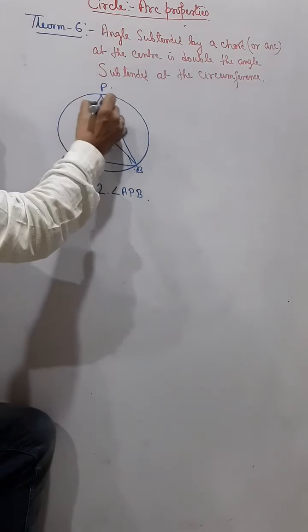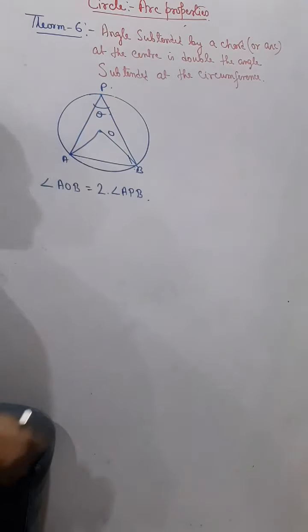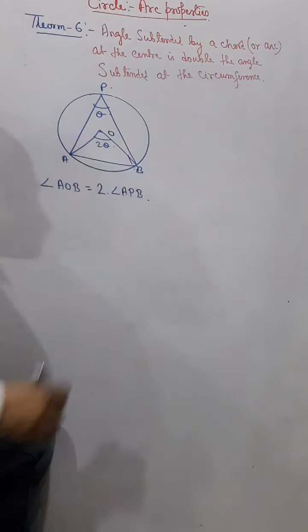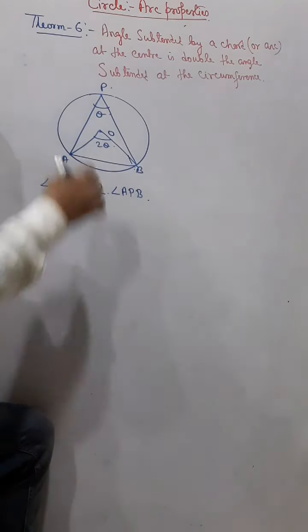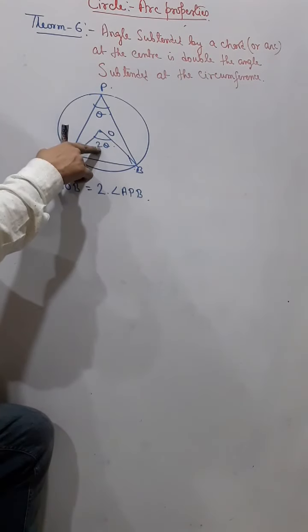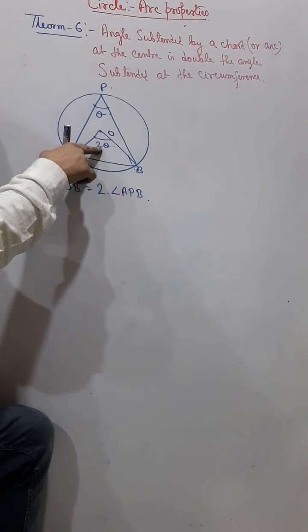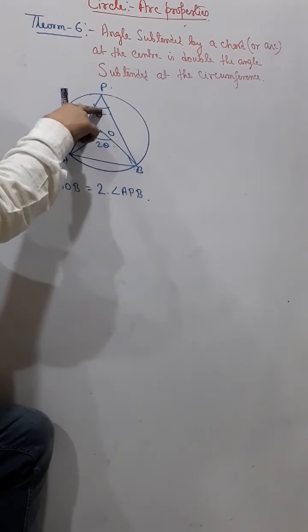Now suppose this angle is theta, then this angle will be 2 theta. That means if this is 30 degree, this will be 60 degree. If this is 60 degree, this will be 120 degree. If this is 40 degree, this will be 80 degree. By the same chord or by the same arc. So the same arc also, it is the similar situation.